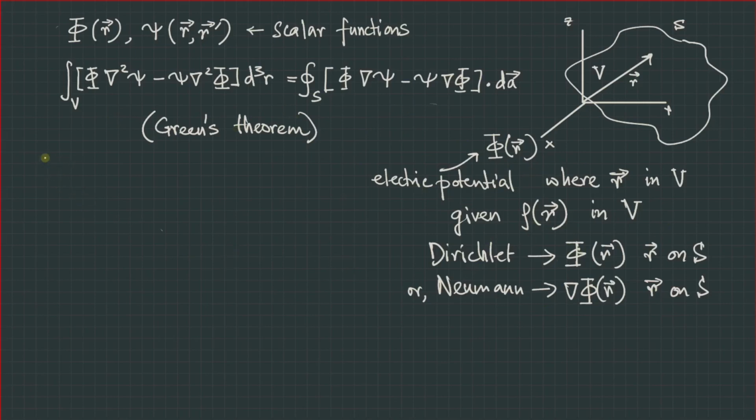So what we are going to do is, in this equation, where phi and psi are arbitrary scalar functions, we are going to substitute phi with our electric potential. So the notation remains the same, that is a good thing.